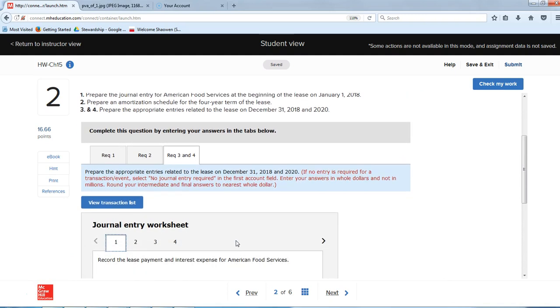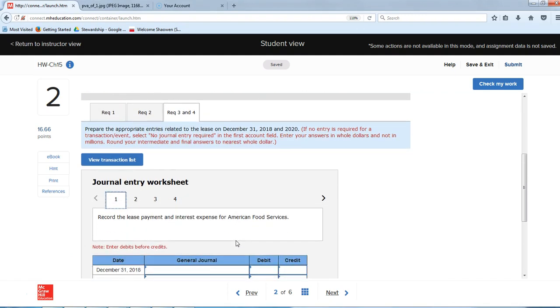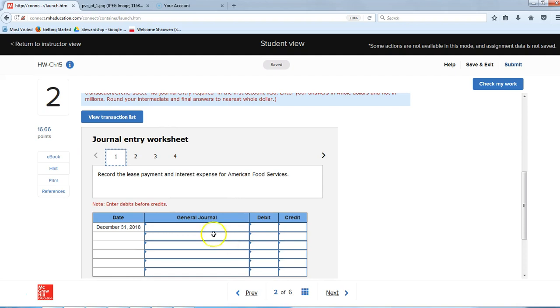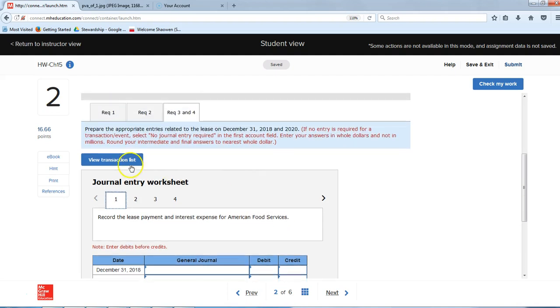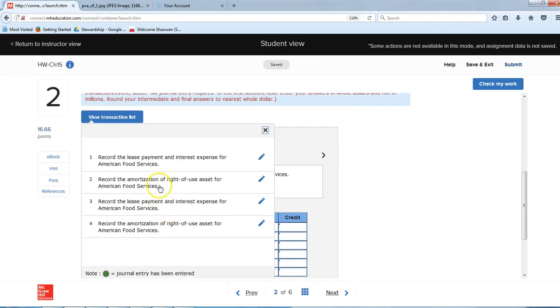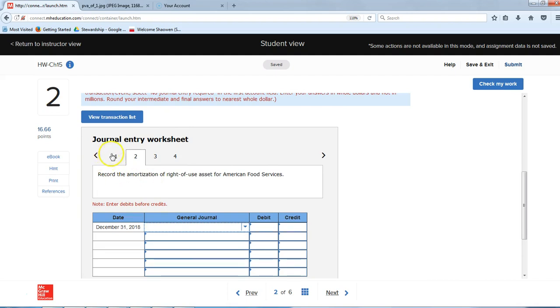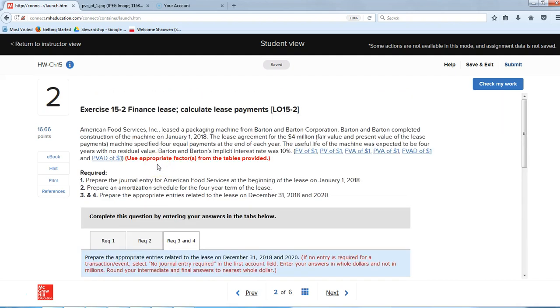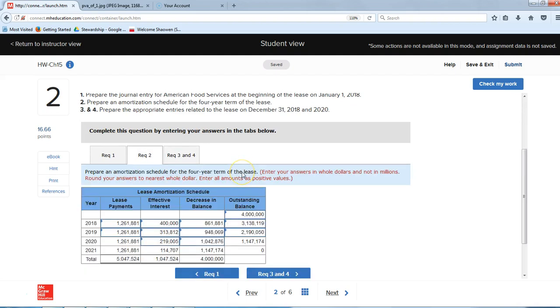The third and the fourth requirements ask us to do journal entries according to the amortization schedule. So the first journal entry says, record the lease payment and interest expense for the lessee. For that, I need to see my schedule, the amortization schedule from Requirement 2. So here, at the end of 2018, the payment includes interest expense and lease payable.